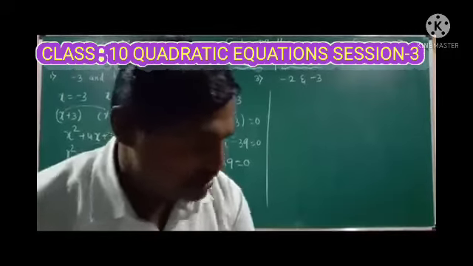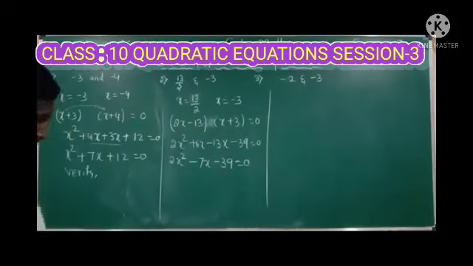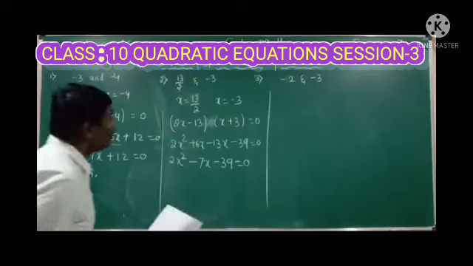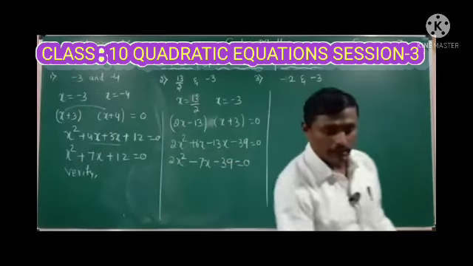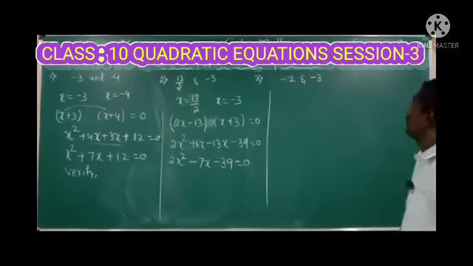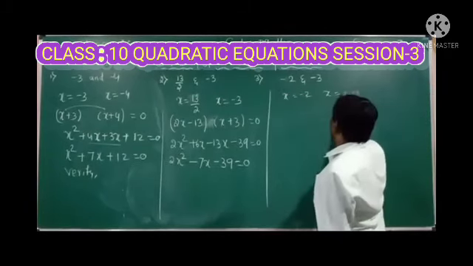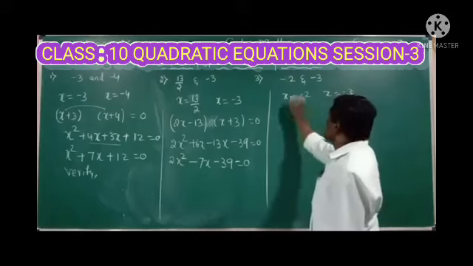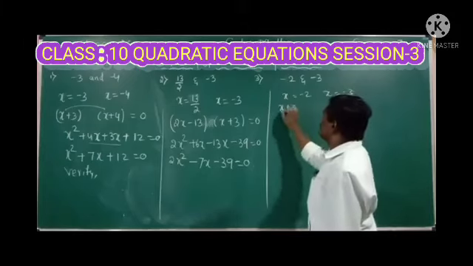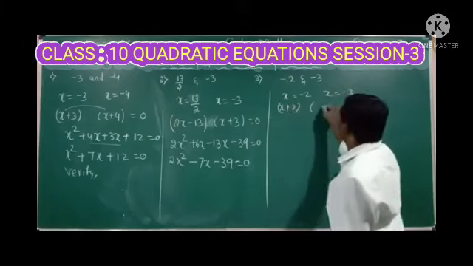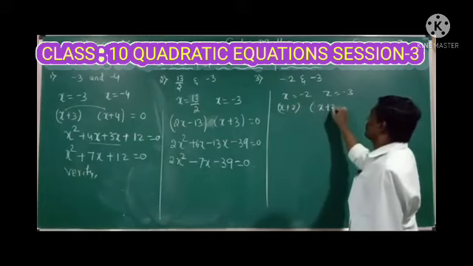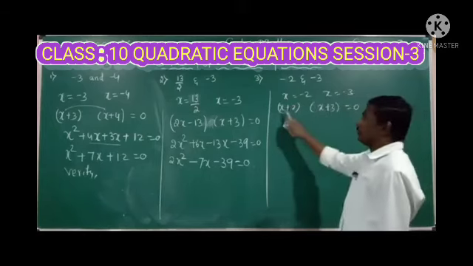Next, see the next question. What is that question? Minus 2 and minus 3. So x is equal to minus 2, here x is equal to minus 3. So x plus 2 is equal to 0, and one more here, x plus 3 is equal to 0.